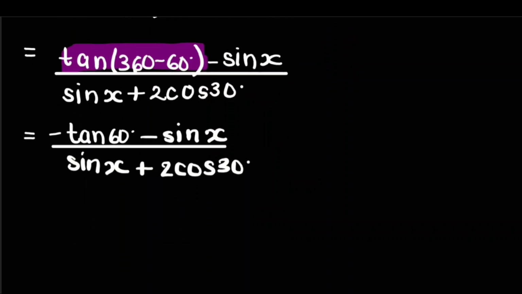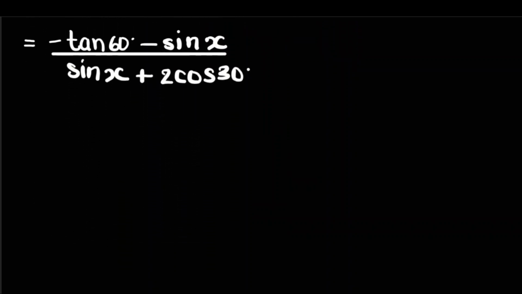Now, since what we're left with cannot be further simplified, we also notice that we have special angles. So we can replace those with what they're equal to. So negative tan 60. Tan 60 is actually square root 3 over 1, which we can just write as square root 3. So this becomes negative square root 3 minus sine x.